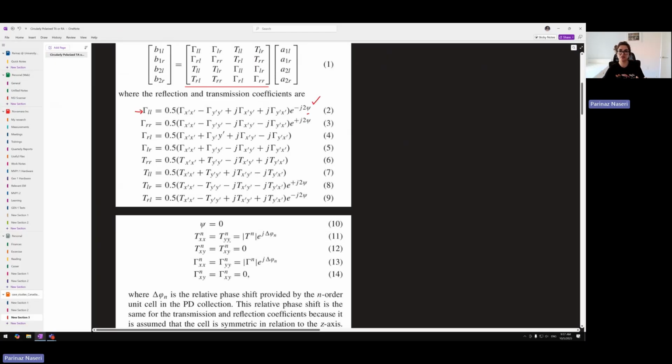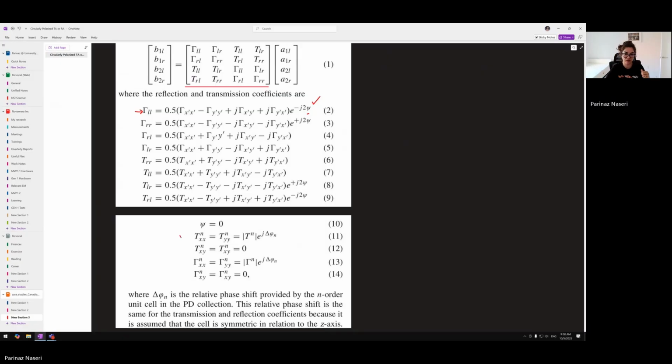They are like squares, for example, like this one. So along X and Y, you have exactly the same transmission or reflection coefficients. And I'll show you that these unit cells can also be used for a circularly polarized transmit array and/or reflect array.